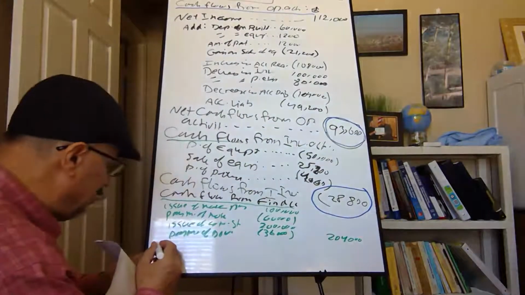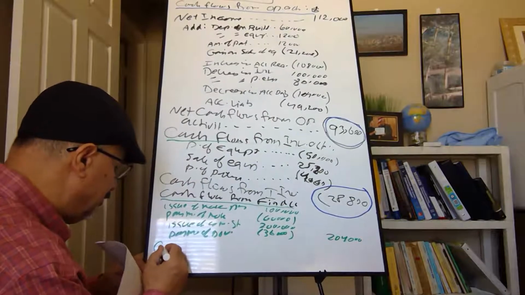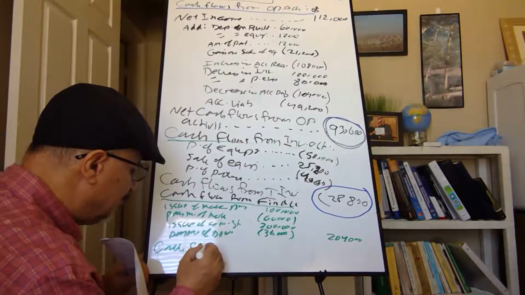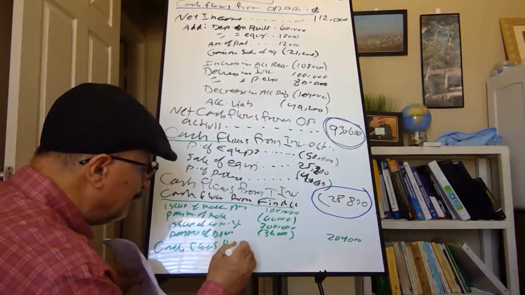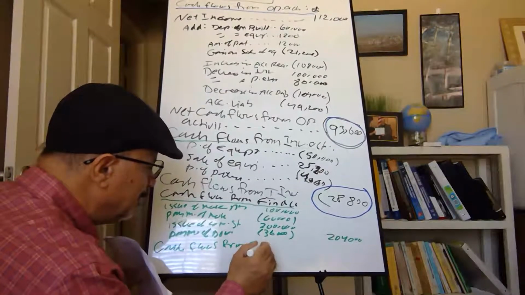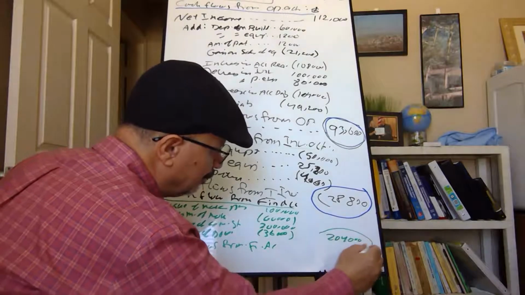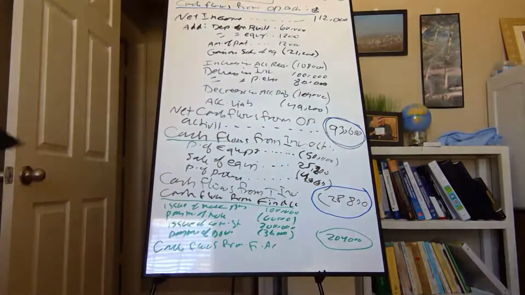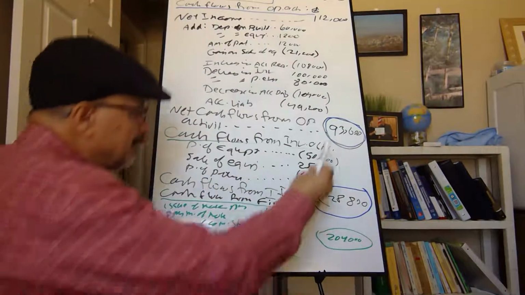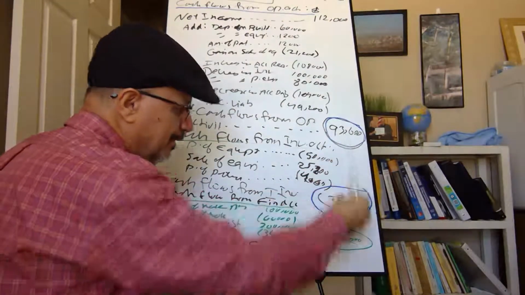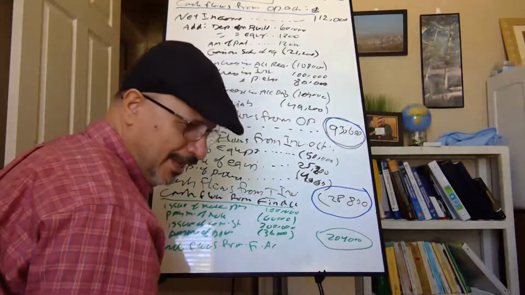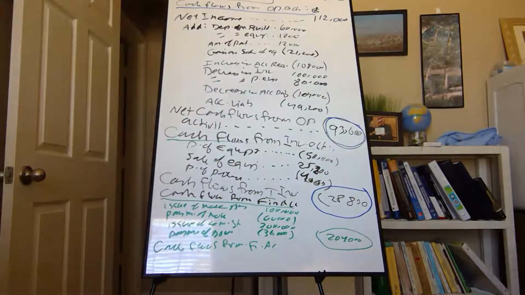Cash flow from financing activities is 204,000.